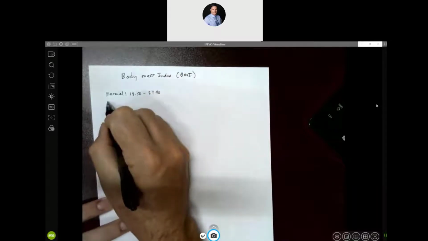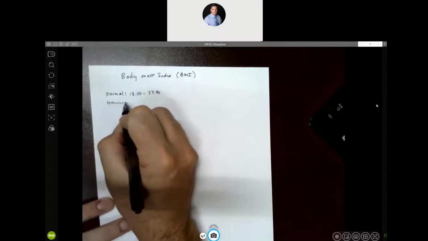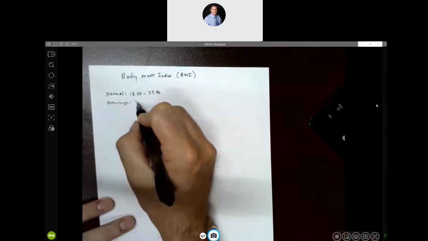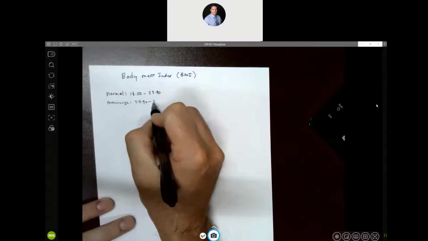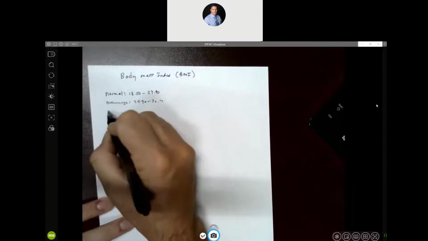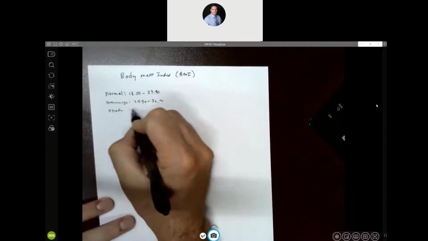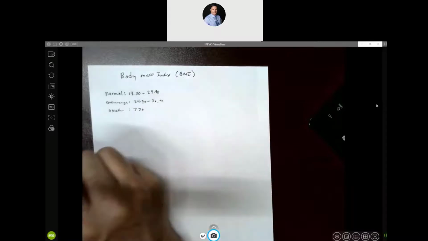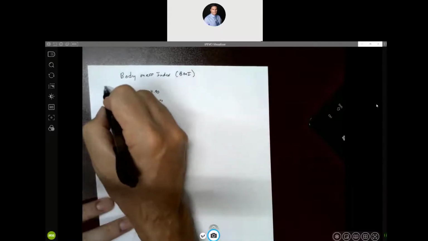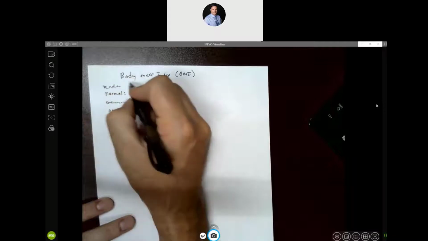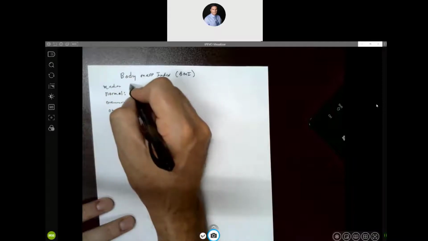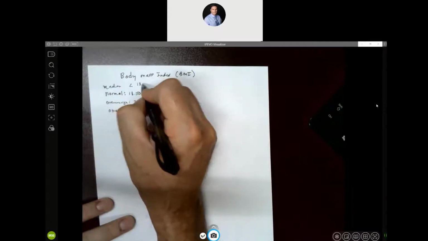Something that's overweight would be a BMI of 24.90 to 30. And then obesity is something that's greater than 30. And then underweight is something that's less than 18.5.